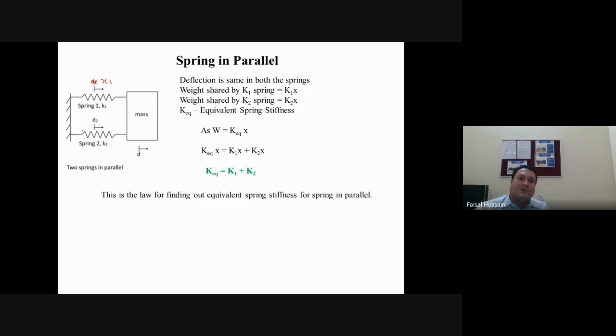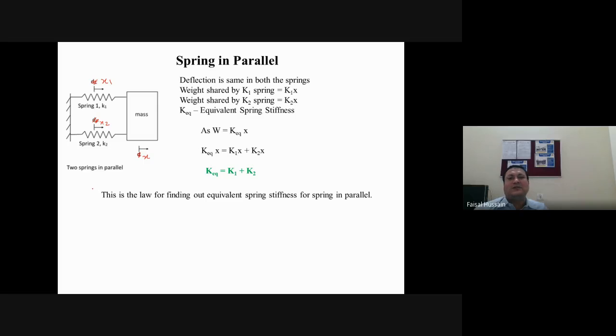X1 is the displacement of spring 1, X2 is the displacement of spring 2. Here there is a mass, so the total displacement will be X. Now, here we can see that the deflection is the same in both the springs. Why is the deflection the same in both the springs?